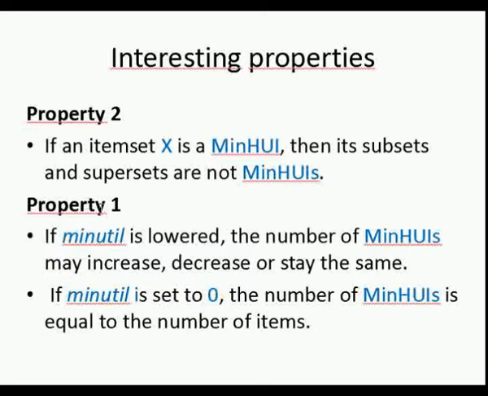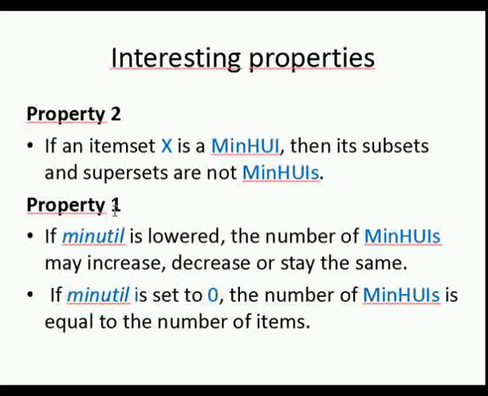Another property is property 1. If the minimum utility is lowered, the number of minimal high utility item sets may increase, decrease, or stay the same. This is very different from high utility item set mining. In traditional high utility item set mining, if we lower the threshold, we will always find more patterns, or at least the same amount.